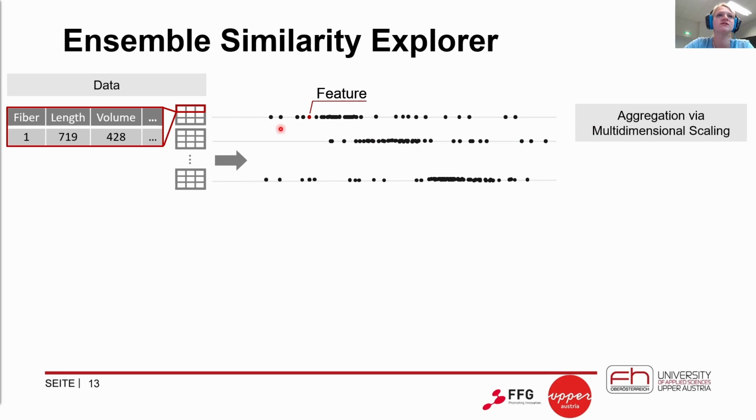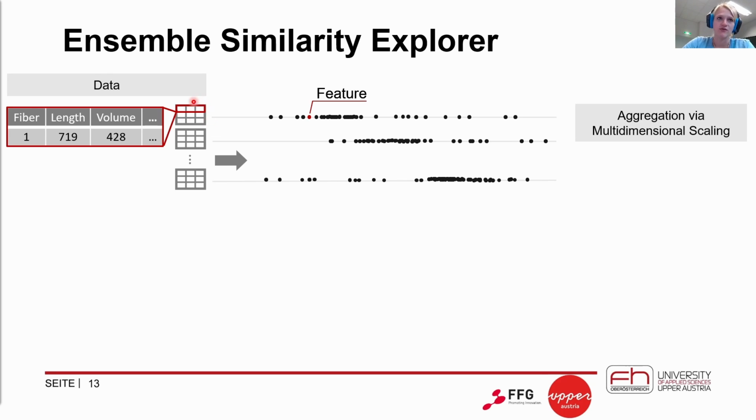Each row represents an ensemble member, and each ensemble member consists of rows of features with their characteristics. And we apply multidimensional scaling to aggregate each feature to a similarity value. And then each feature is positioned according to this similarity value on this horizontal line.